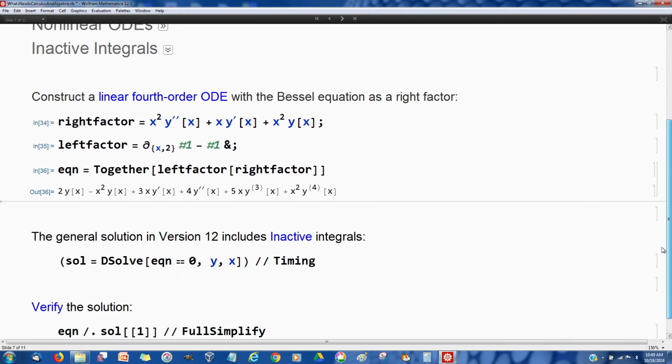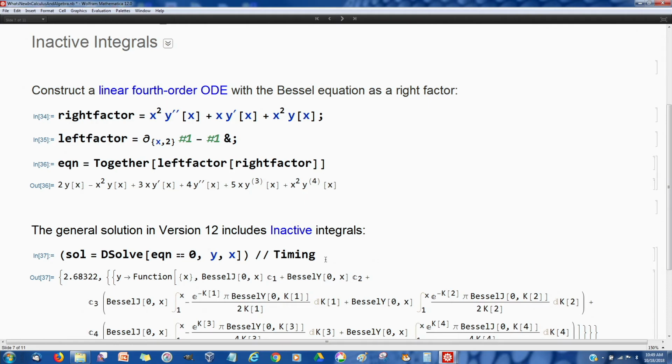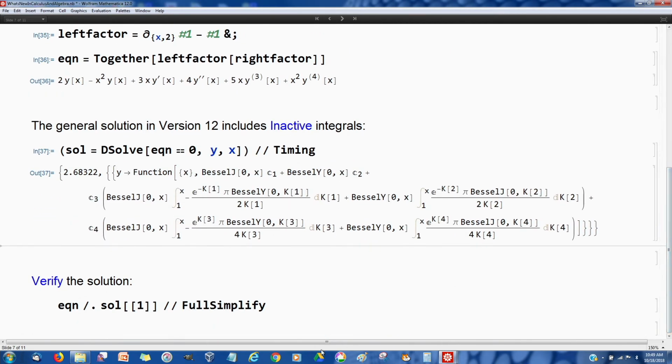I solve it in DSolve using factorization. It comes back in probably a couple of seconds with all the work done. There are integrals over there, but they're all inactive. And I can finally check the solution over here, and I get back a 0 almost immediately.